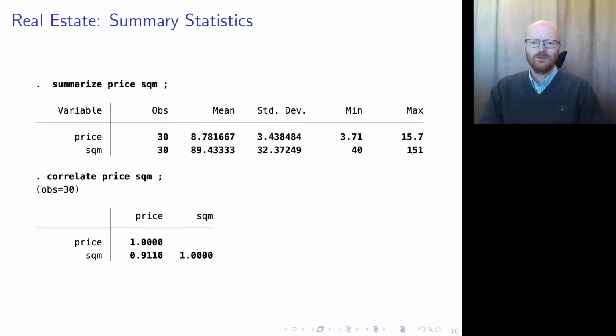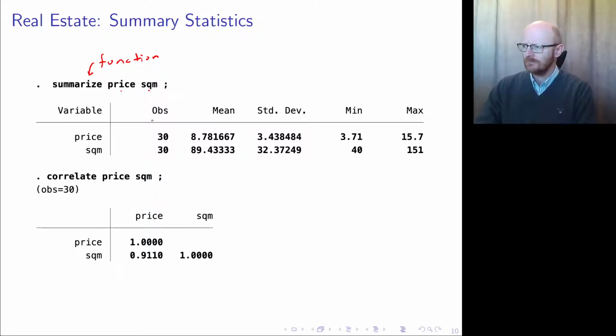Okay, so now we're looking at an example, our real estate example. What we always start with is summary statistics. This is the function we use to get summary statistics, and we want summary statistics for price and square meter, those two variables.